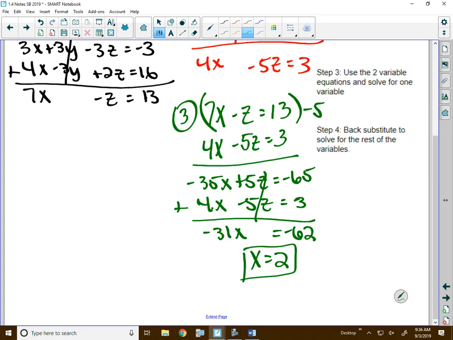What's our first type of substitution? Yes, 2 variable. Then we'll do one of the 3 variable equations. Go ahead and do that. Take one of your 2 variable equations and plug in what you've already solved for.